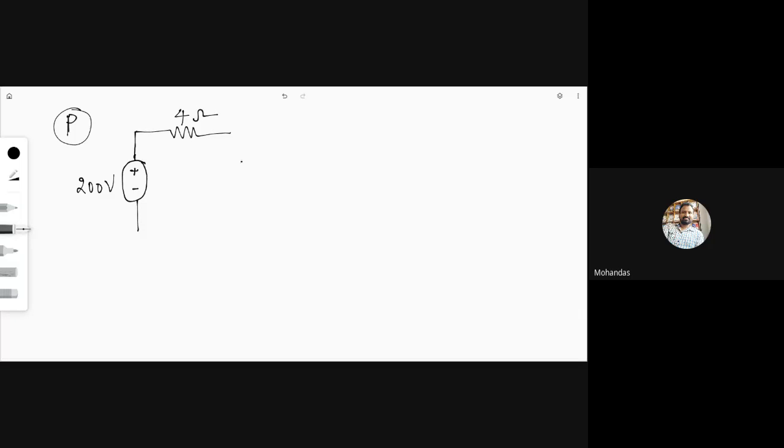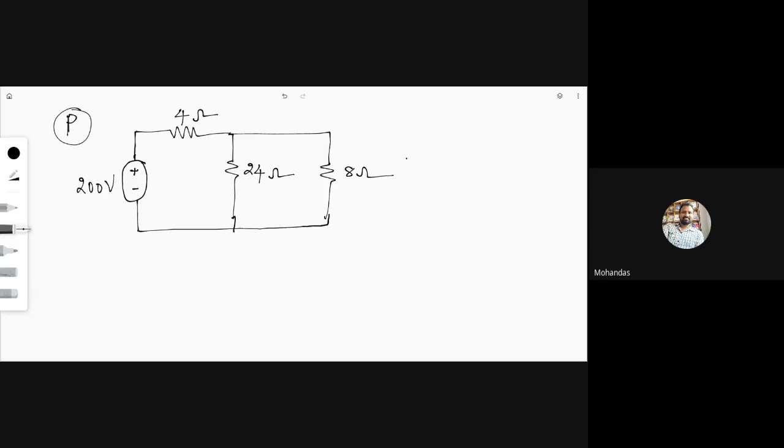A 4 ohm resistor, a 24 ohm resistor and an 8 ohm resistor are there. This is a practice problem.